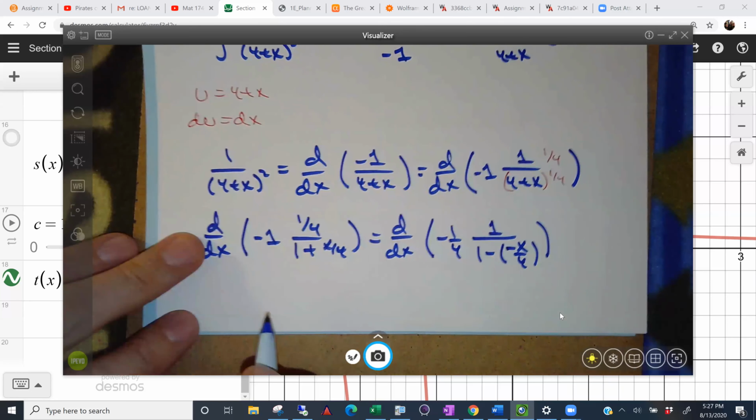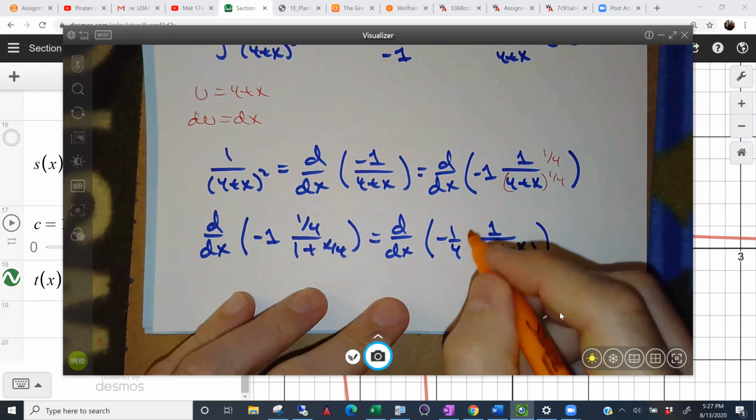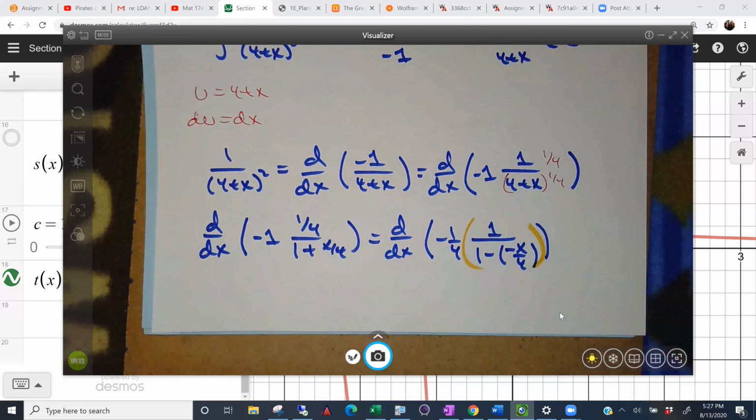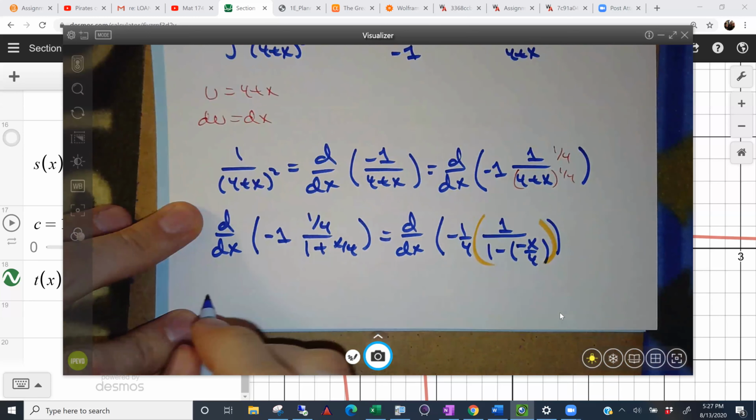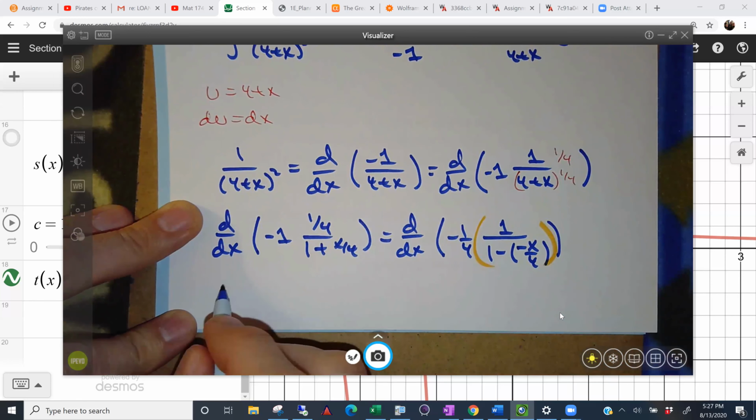Okay. This part right in here, we can replace with a series. So the derivative, the negative 1/4 can come out. That's a constant.